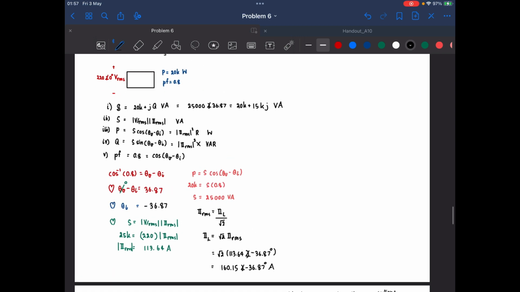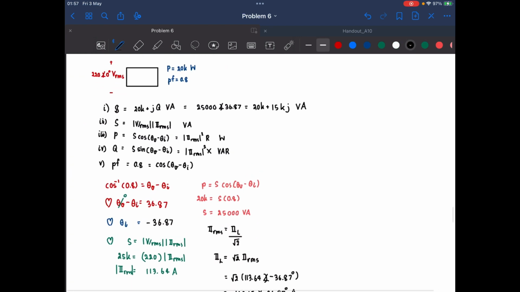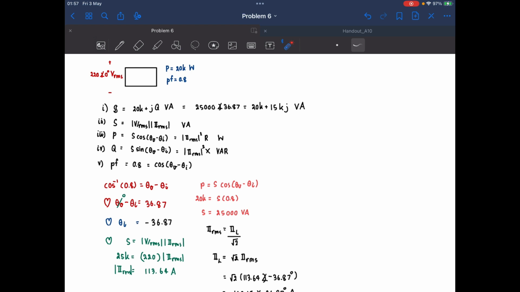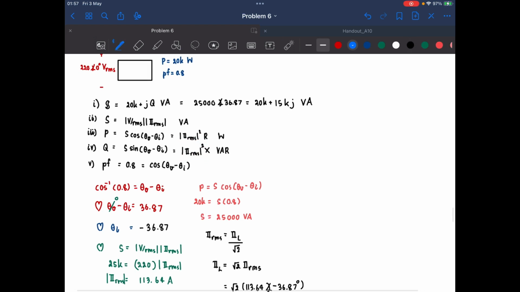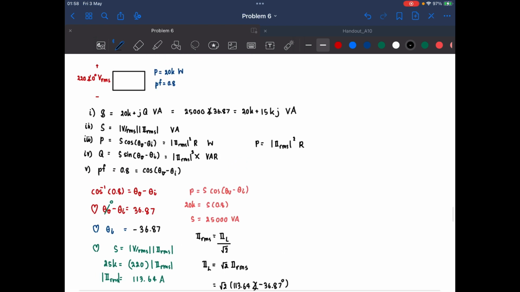Now we have to find the ZL here, which we can calculate from the two formulas here. We've got P is equal to the IRMS squared, or the magnitude here, multiplied by R, which is this one.